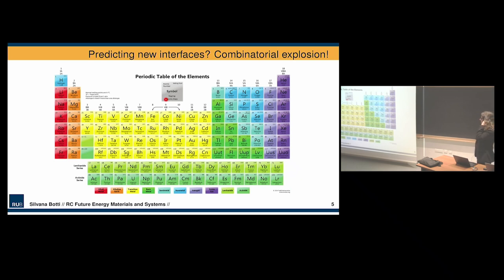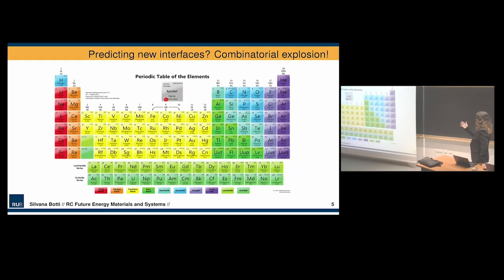But the databases that we have at the moment are mainly of single materials, and we want to predict new interface properties or materials properties. So we need to try to make new materials and see which electronic properties they are going to have.